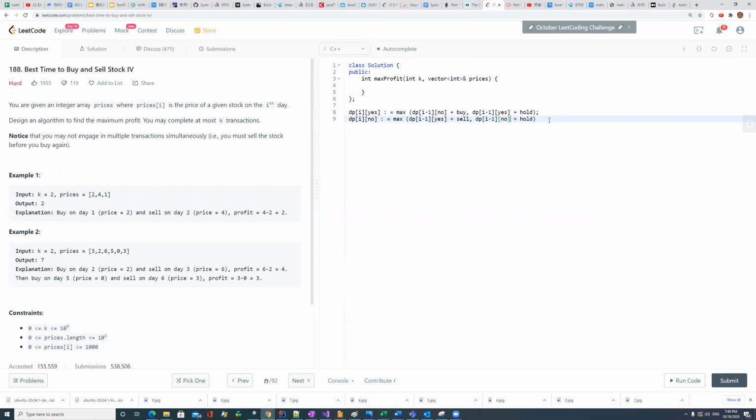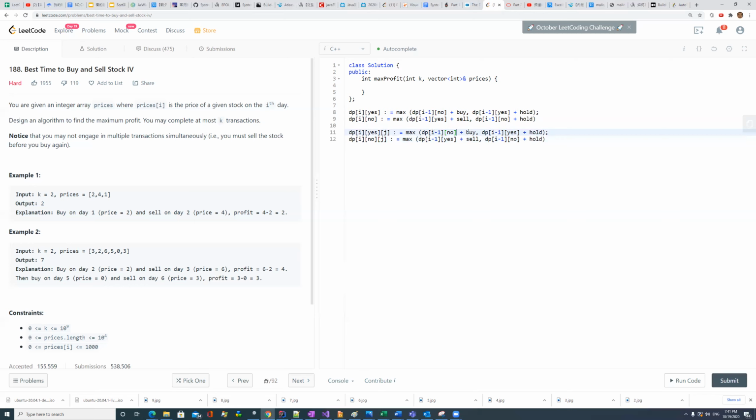Now consider that the current problem is at most K transactions. So I need to add an additional dimension to track K. Let's use J to represent the current day, holding the stock or not holding the stock, with J transactions.